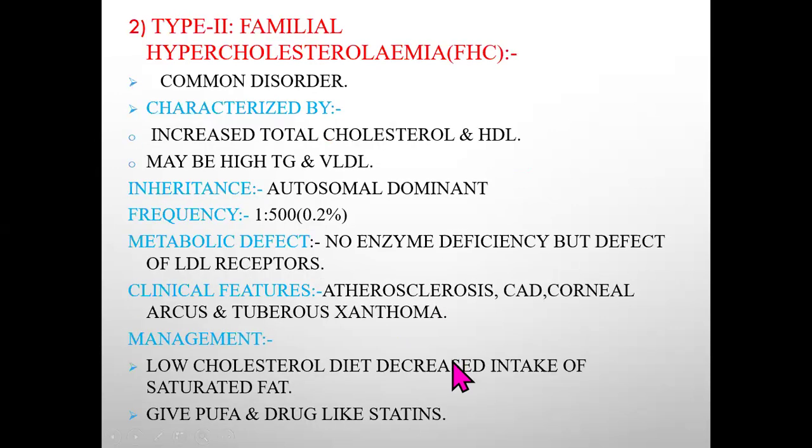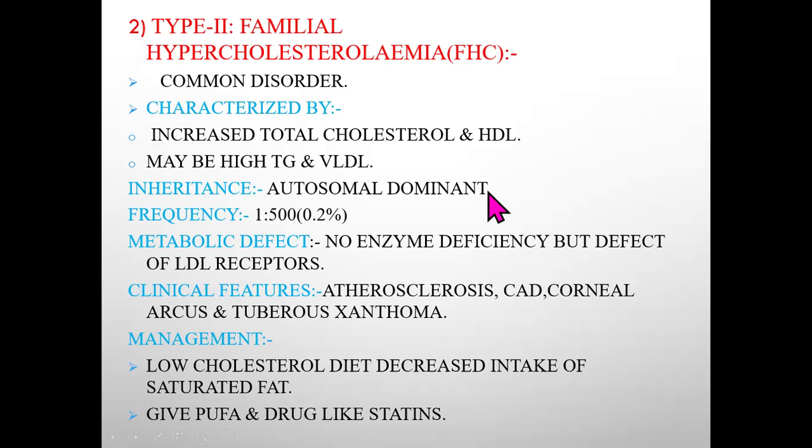So for type 2, which is familial hypercholesterolemia, is a common disorder characterized by increased total cholesterol and low density lipoprotein, and there may be high triacylglycerol and very low density lipoprotein. Here the inheritance is autosomal dominant.